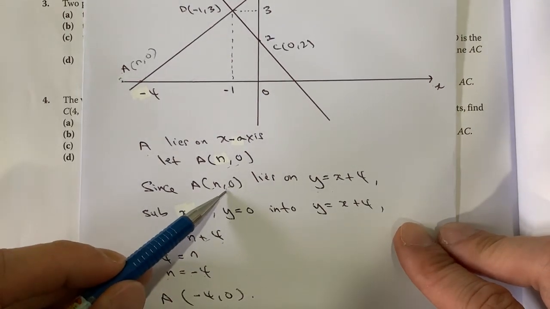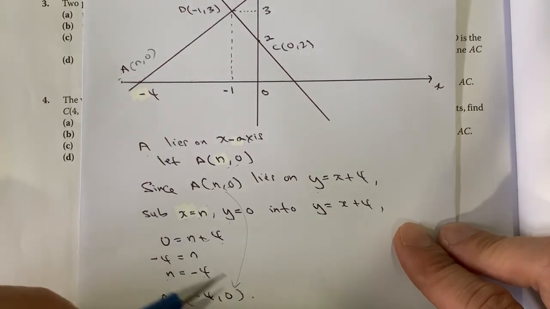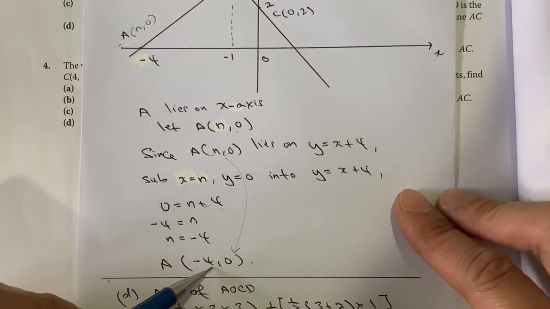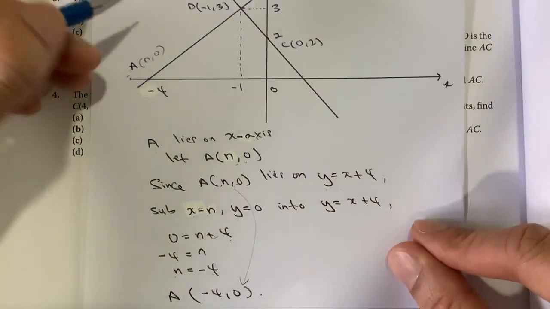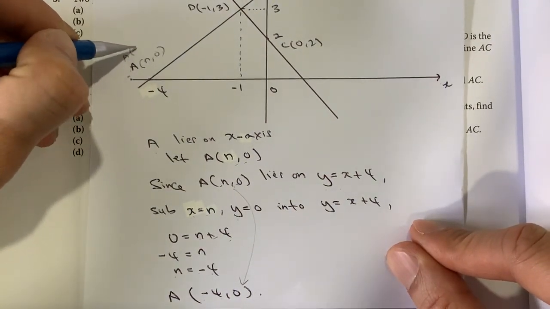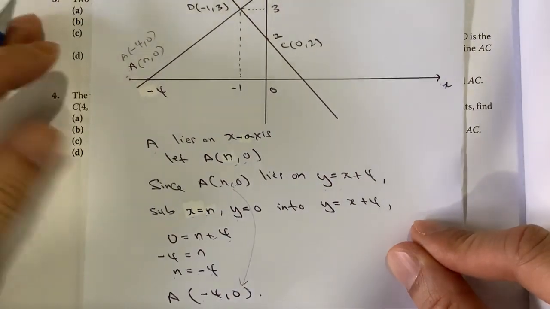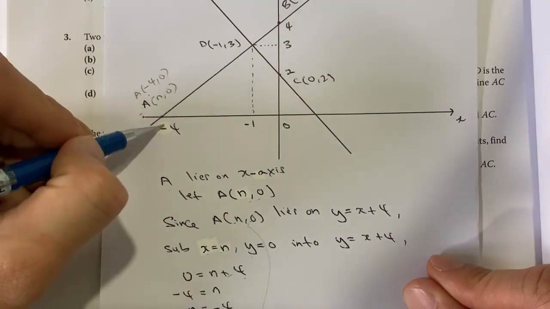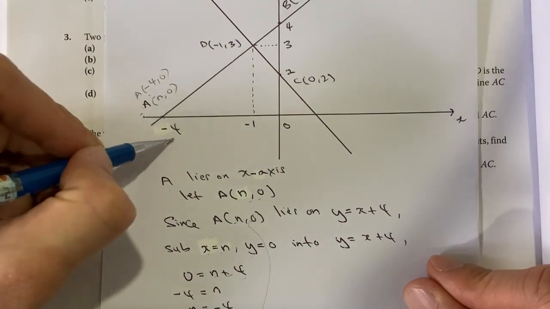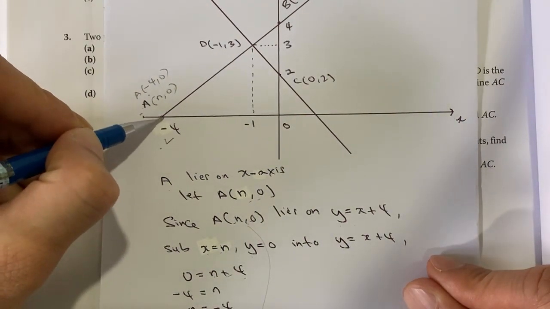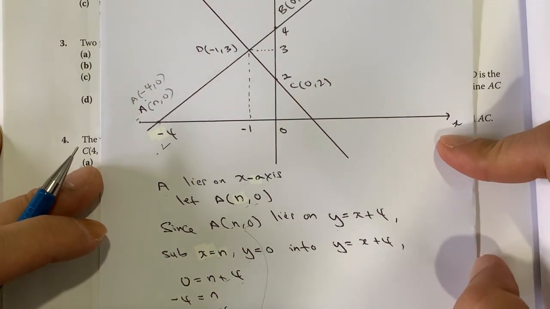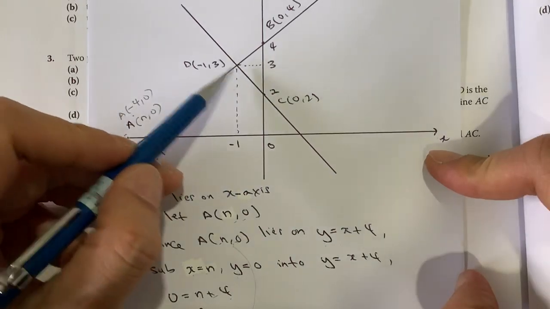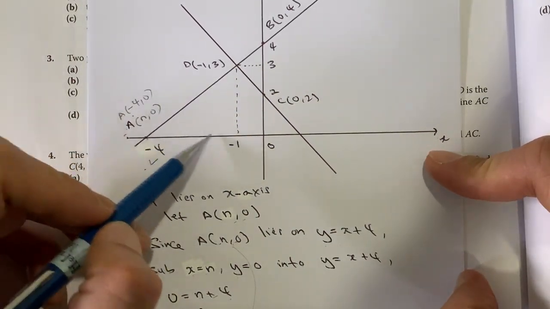So this A, n, 0 becomes -4, 0. So now that we have A as -4, 0, obviously this value here will be -4. From here we can now find the area that we have described just now.